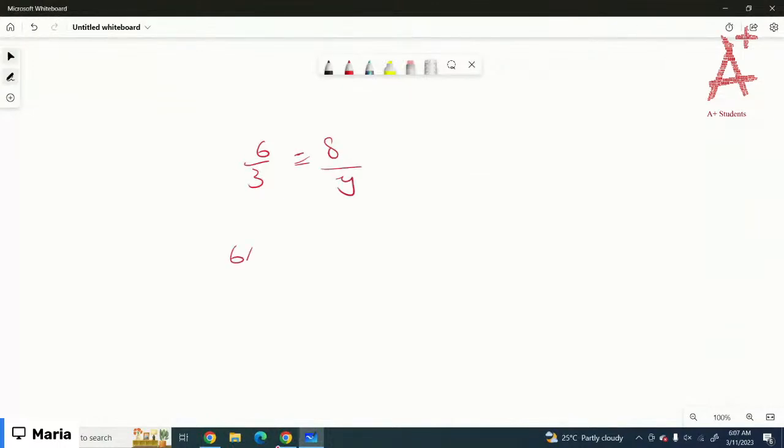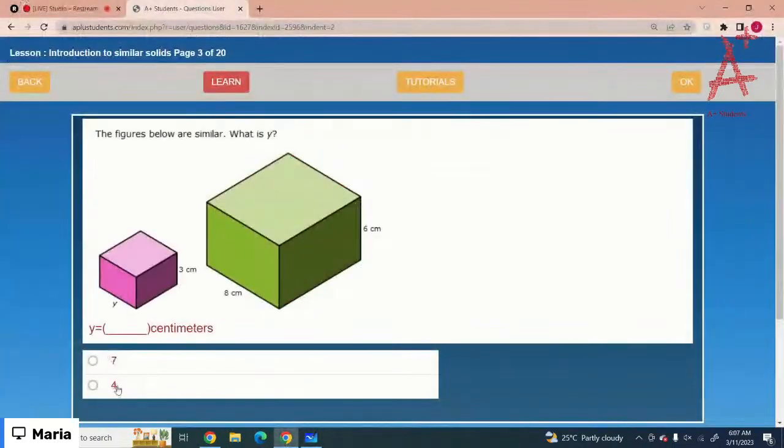It would be 6 times y equals 8 times 3. 8 times 3 is 24. Divide both sides by 6. So y equals 6 times 4 is 24. That means the missing side length is 4. Got it? So just select the correct option and click on the OK button.